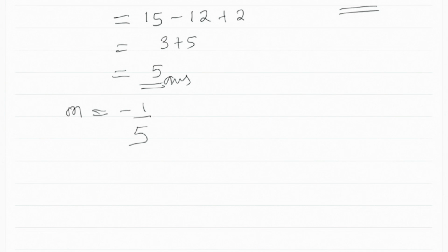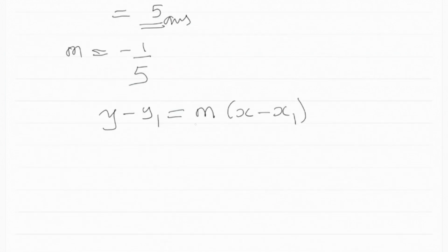Now, we get back to the equation of the straight line. The standard form of the equation of the straight line is given by y minus y1 equals m and then x minus x1. In this case, our m is the negative reciprocal of the gradient of the given function.